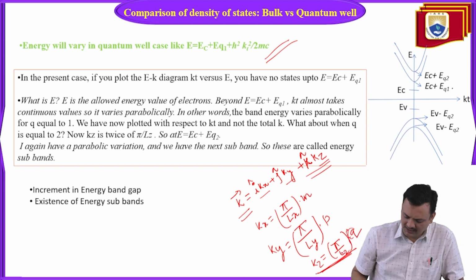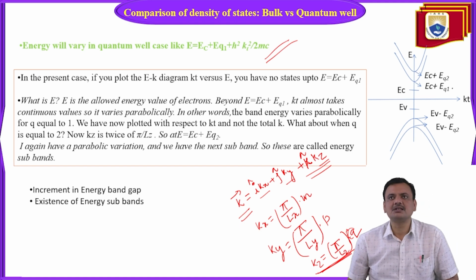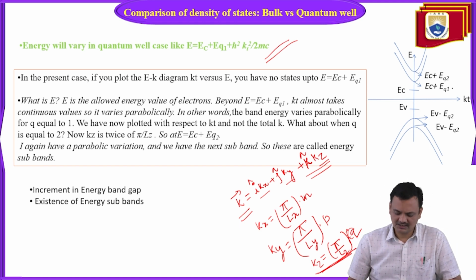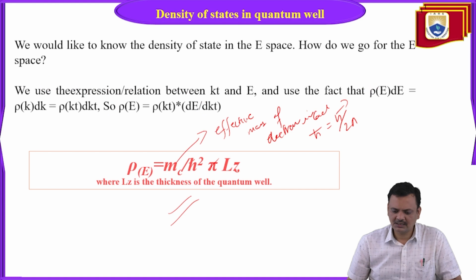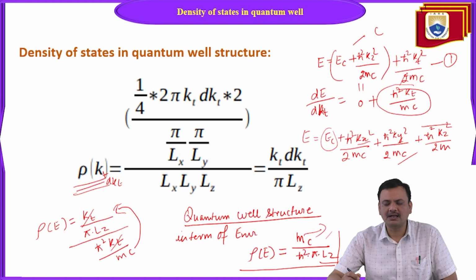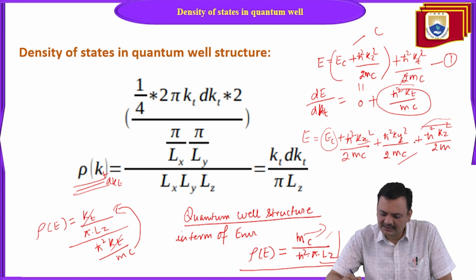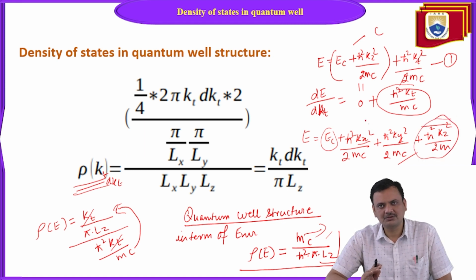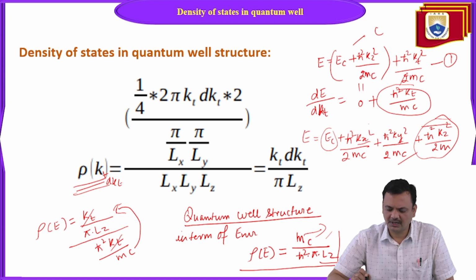So we already wrote the expression of energy variation in the quantum well structure. See here, see this one, and we already discussed that this kz term will be constant. And why it is constant, you can see in my previous video lecture. Only the variation occurs in kx and ky.